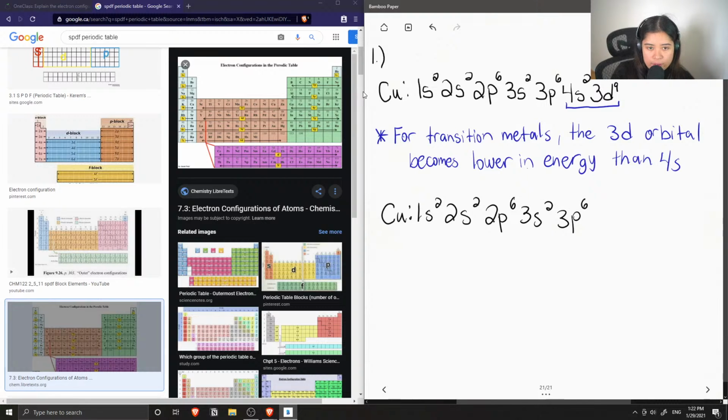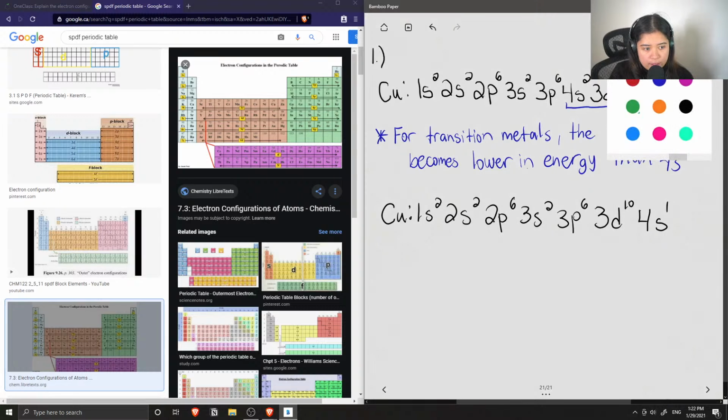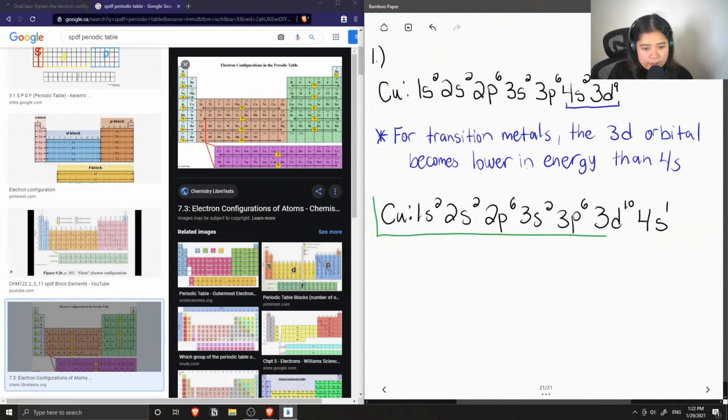And now we can write 3d10, so it will be in lower energy than 4s, and also one of the electrons in 4s will move into the 3d and fill that in first, so that we have a filled d orbital. And then to show we have one more electron, we just say 4s1. So now this is the final electron configuration for copper.